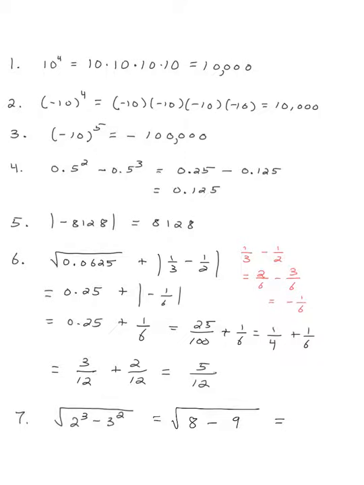So I still have to simplify. 8 minus 9 is negative 1. This is a problem. If I type the square root of negative 1 into my calculator, I get an error message. Mine actually now says non-real answer, so this is no good. There's no solution. There's no value that this is equal to.